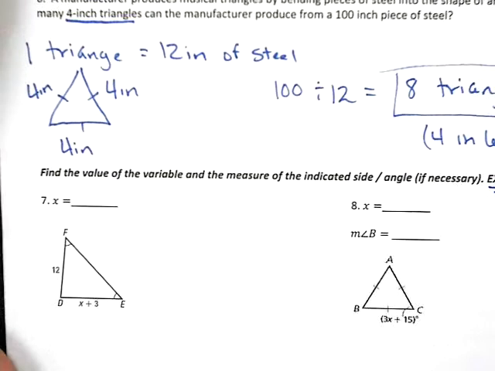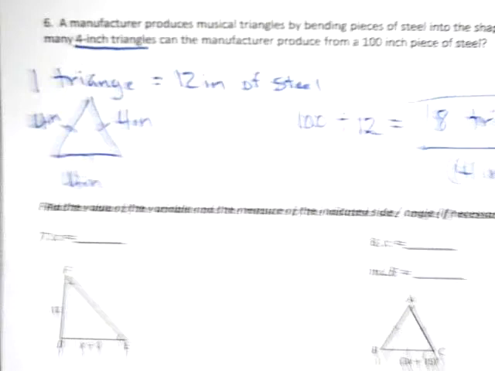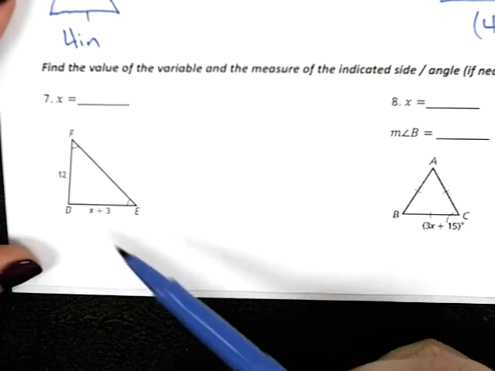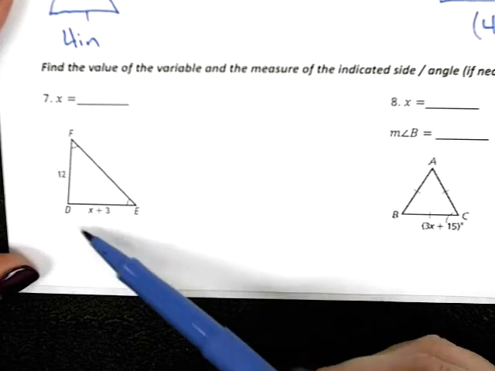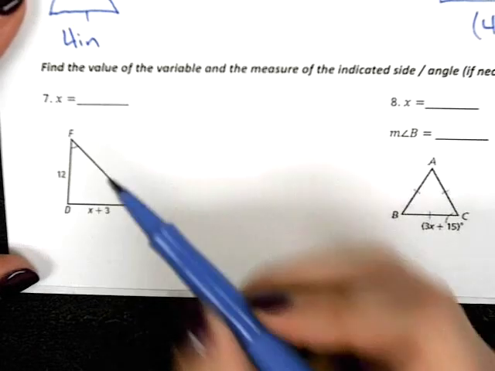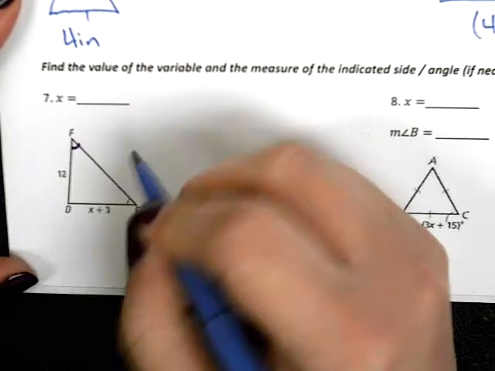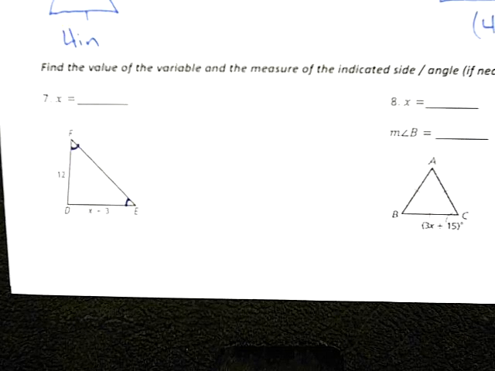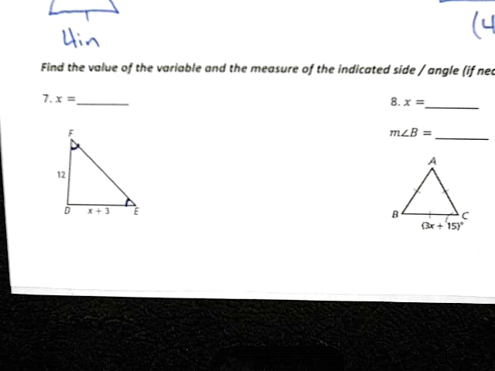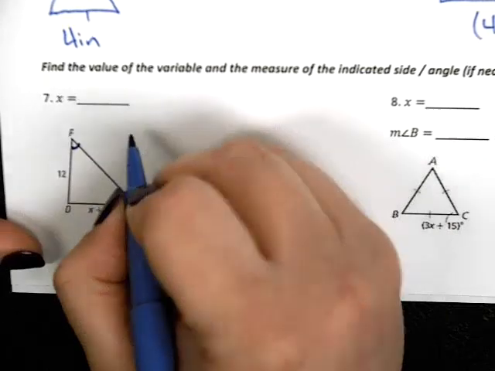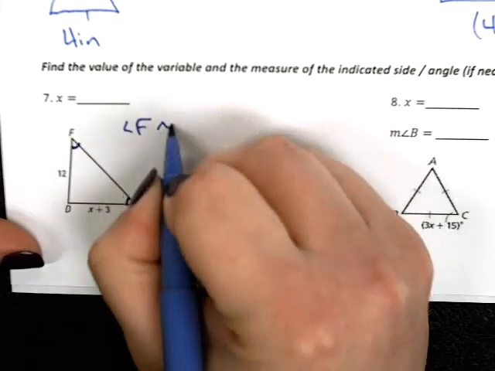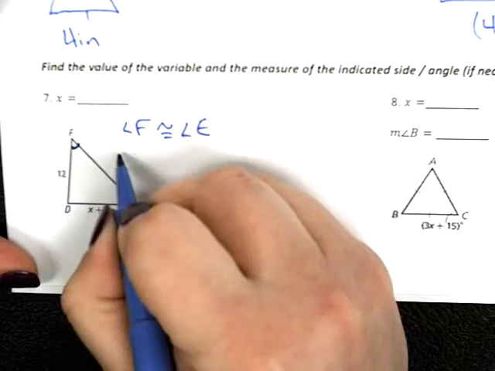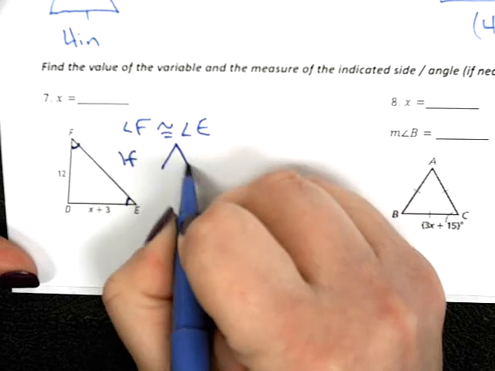Take a look at number 7, and if we look at it, we can see that we've got DF is 12, DE is this x plus 3. We're also told that angle F and angle E have those arc marks. So we have to be able to look at this picture and see that those angles are the same. So angle F is congruent to angle E, which means we started with these base angles being congruent.